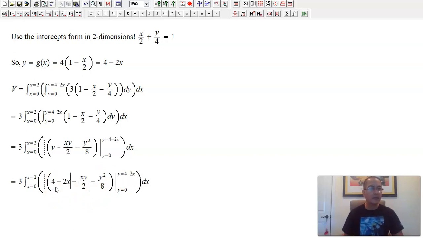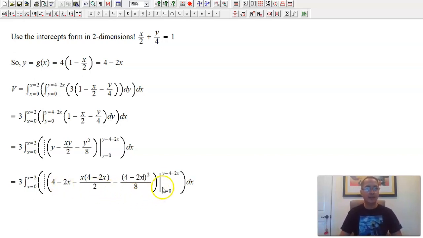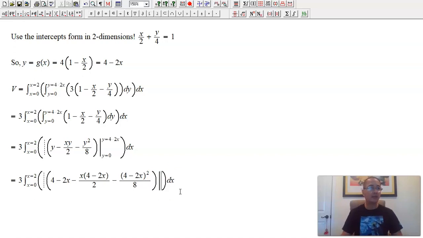We don't need parentheses there, but we need that over there, and definitely over there. The rest is, well, I shouldn't say the rest, but at this point, we need to do some algebra or a u substitution. The way I see it, we should distribute this x. That part is not too difficult.